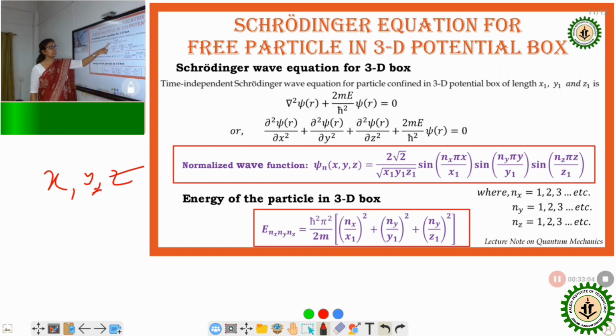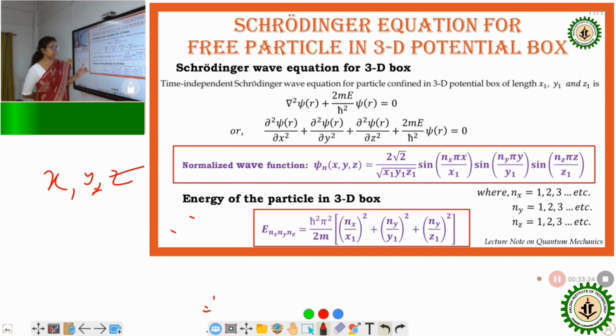So r means x, y, and z, the three-dimensional figure here. The normalized wave function is coming like this, a similar pattern, but here you have to use the three coordinates x, y, z. I have only written the normalized wave function, that means the eigen function of the particle in a three-dimensional box, and this is the eigenvalue of the energy for a particle in a three-dimensional box.